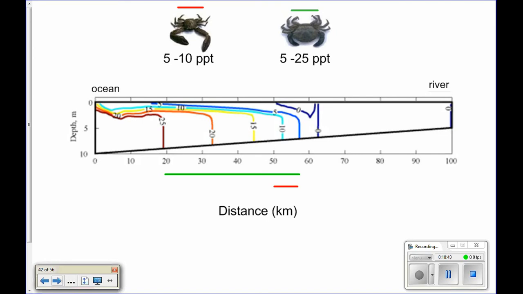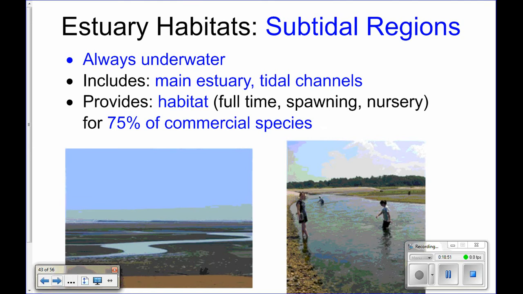Okay, so one of the habitats that you'll find, and this one's in all estuaries, is the subtidal region of the estuary. The subtidal region is the region that is always underwater. Many parts of an estuary can actually be intertidal, covered and uncovered by the tides, but the subtidal region is always underwater.